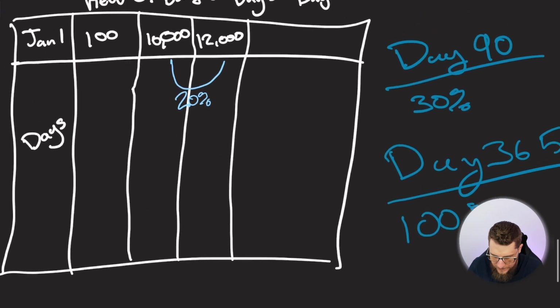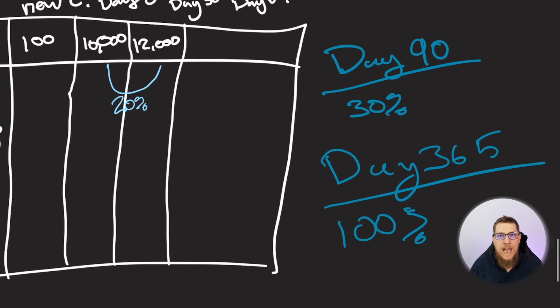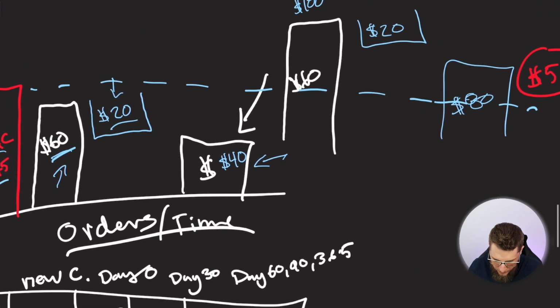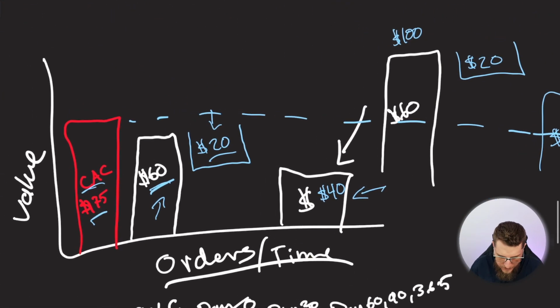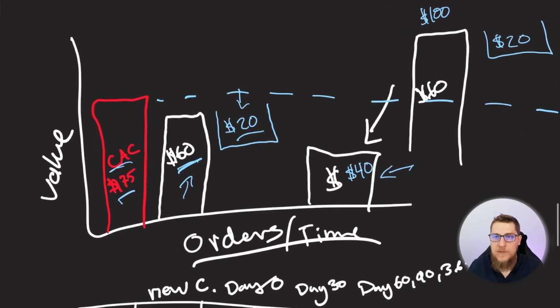So where is this used? How can we use this? Well, if we come back up to this number here, we have a customer acquisition cost. So this red number here is telling us a customer acquisition cost.